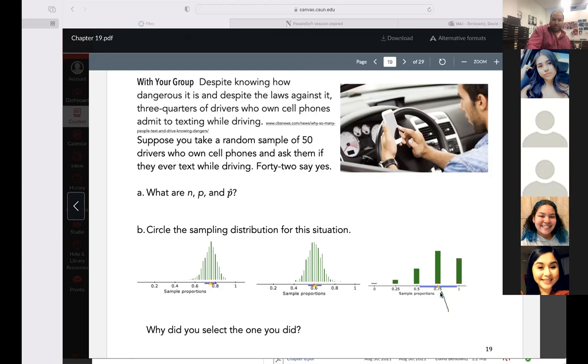So if we want it to be centered on the true value, this one is out because it's not centered at the true value. But this one seems that it could be centered at the true value as well. That's a little bit to the left of 0.8, right? Yeah. So how do I know if it's this one or if it's this one?